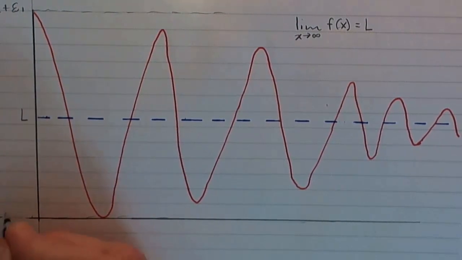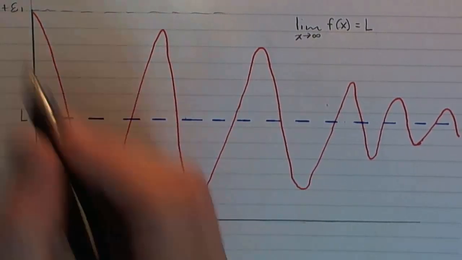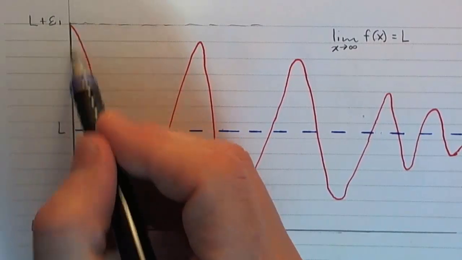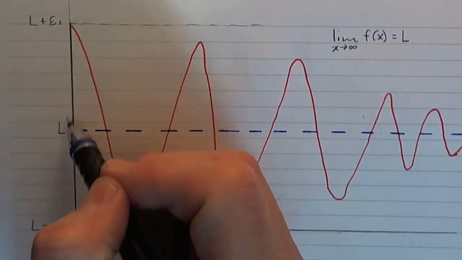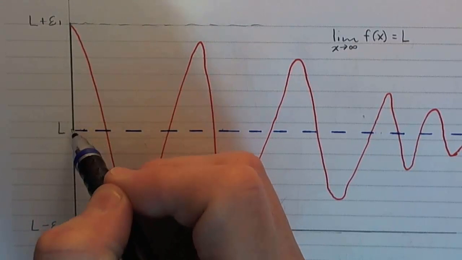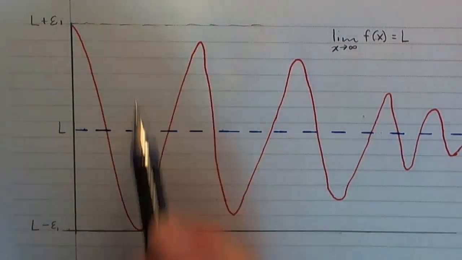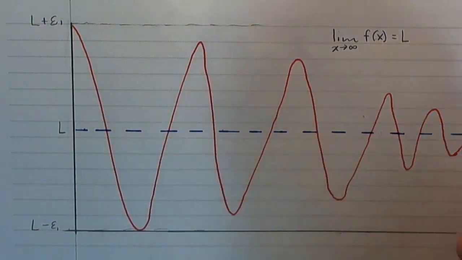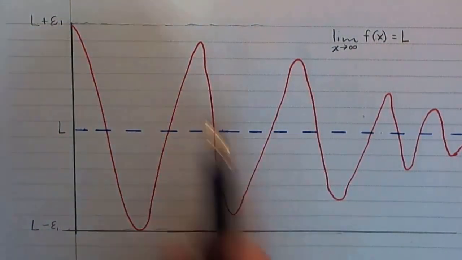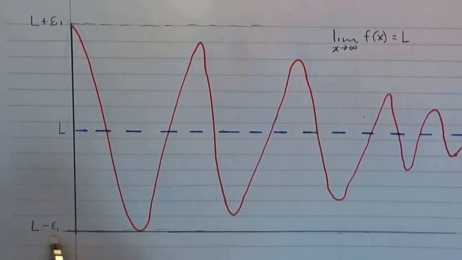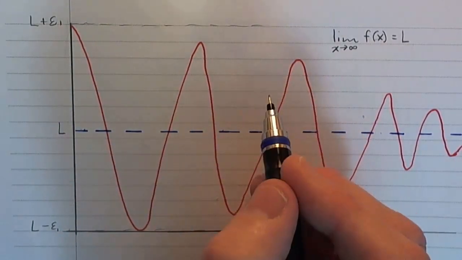And this down here is L minus epsilon 1, where this distance here is epsilon 1. And I make a horizontal line here, this entire function is contained within that. In other words, it doesn't have any values bigger than L plus epsilon 1 or any values smaller than L minus epsilon 1. Well, that's for epsilon 1, but what if I choose a different epsilon?